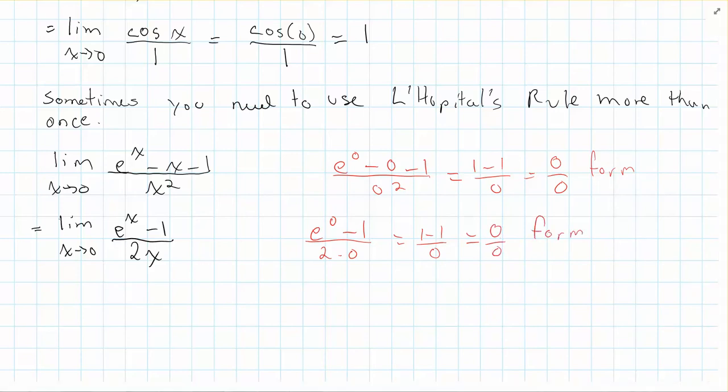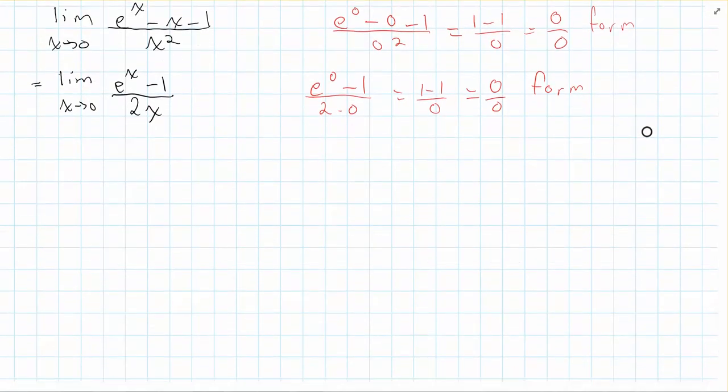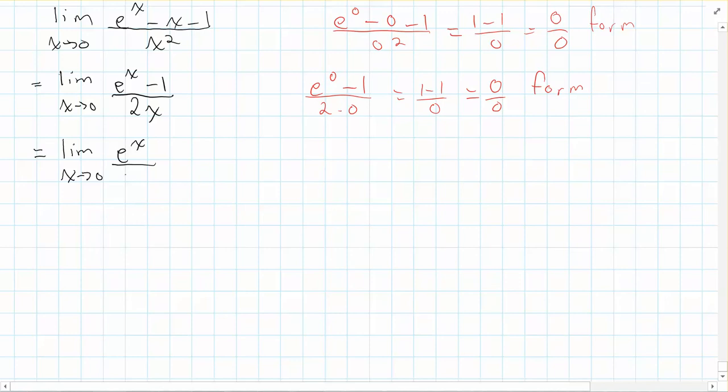Well, it's not a big deal that it's 0 over 0 still, because all I do is apply L'Hopital's rule again. So this is equal to the limit as x goes to 0. Well, derivative of e to the x is e to the x. Derivative of 2x is 2. And then if I plug 0 in, I get e to the 0 over 2, which is 1/2.